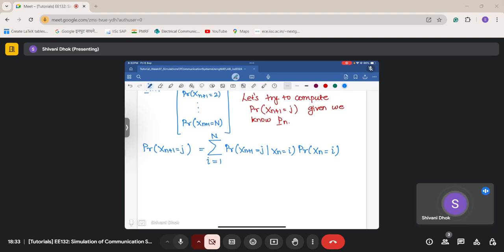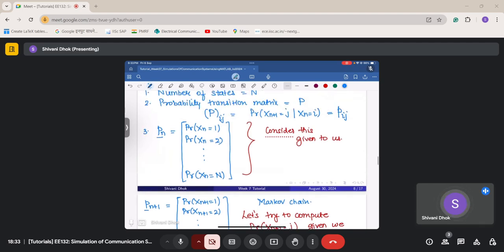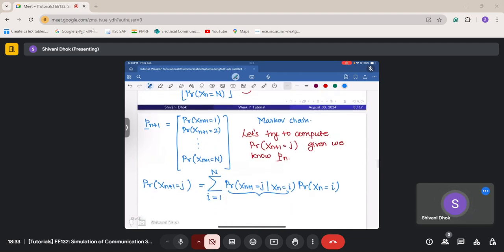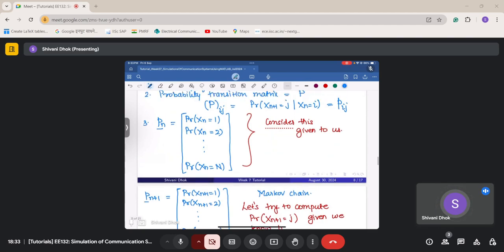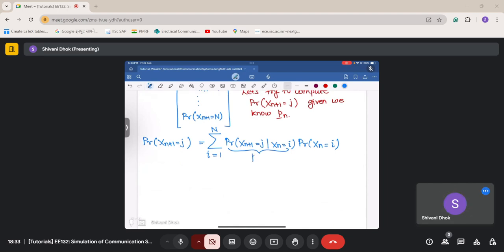And from your probability transition matrix, the probability that xn plus 1 equal to j given xn equal to i is simply your i comma jth entry from the probability transition matrix. So what we have now is summation i equal to 1 to n, probability that xn equal to i into Pij.